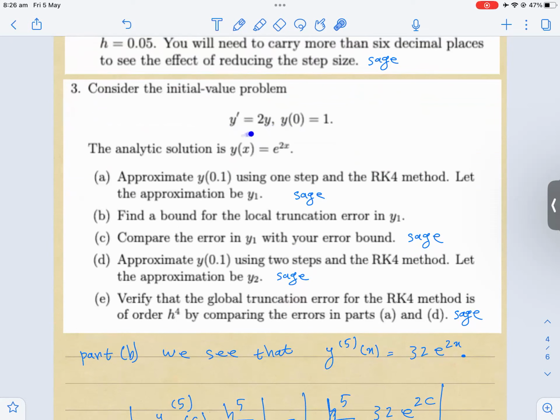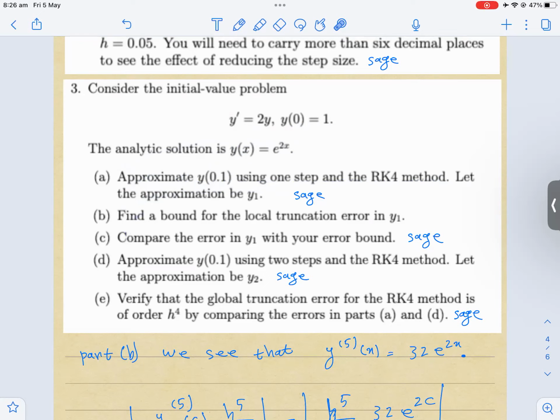The analytic solution is obvious because the characteristic equation gives r, so the analytic solution is this. It is an initial value problem because the starting condition is given. So approximate this with Runge-Kutta, y of 1/10, with step size h equal to 1/10.